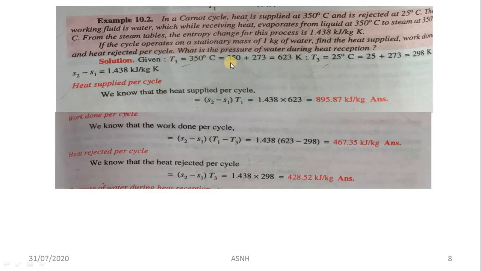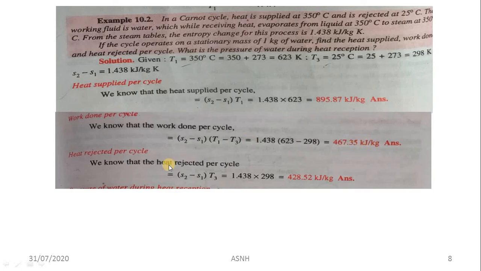T1 is 350 degree centigrade, converted into Kelvin, and similarly T3 is 25 degree centigrade, converted into Kelvin. So I put those values and get the answer of the work done in kilojoule per kg. The work done is around 467.35 kilojoule per kg.